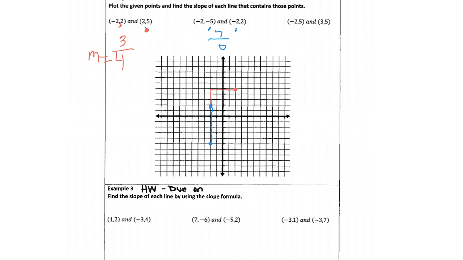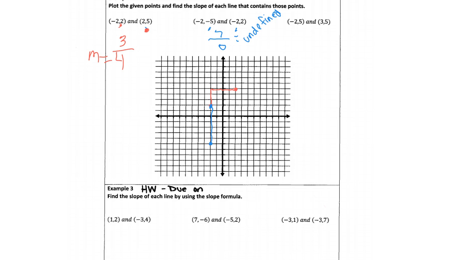No, I'm running 0. So whenever I have a 0 in the denominator, then my slope is really undefined. Again, that comes from having 0 in my denominator.